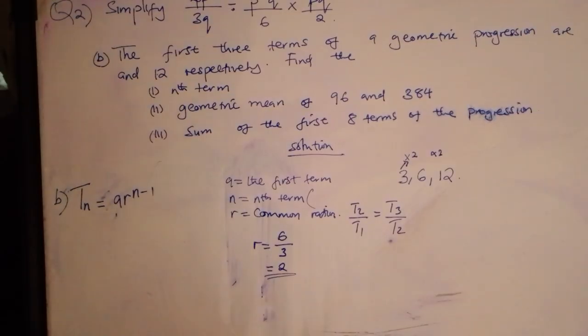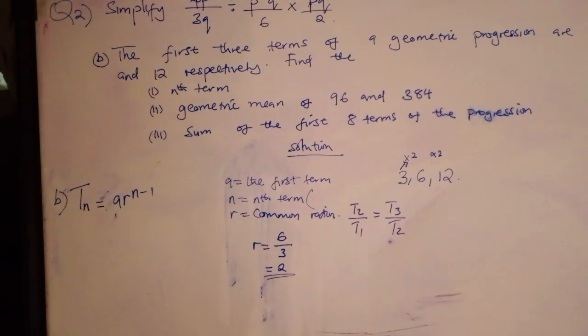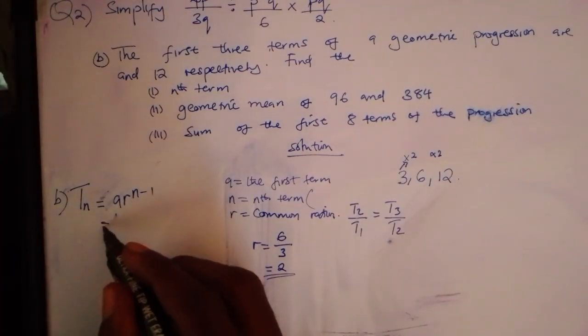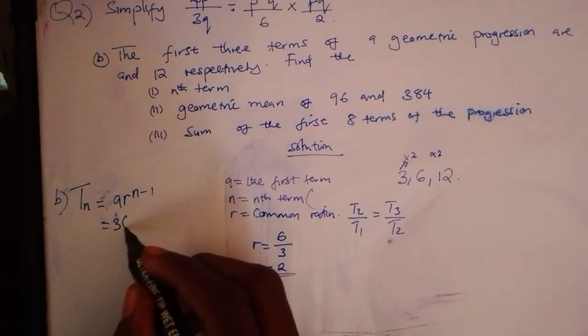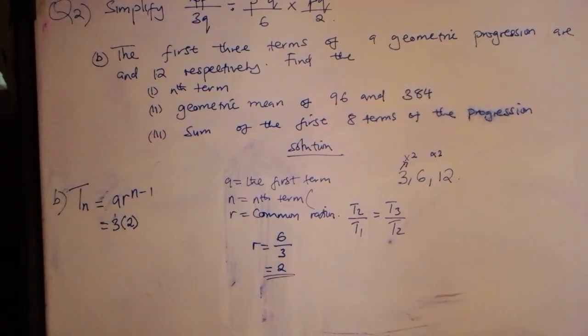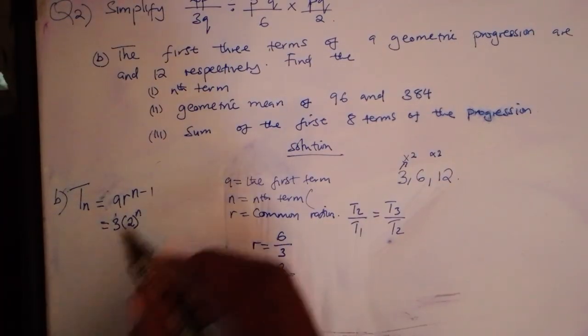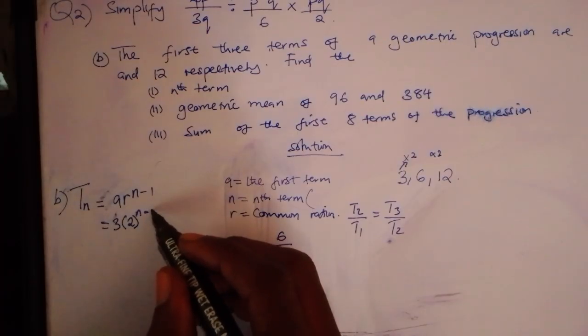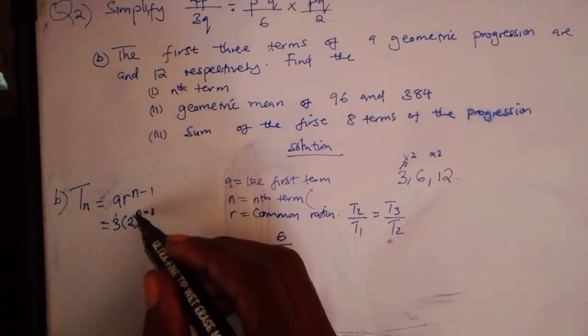Now we can calculate the nth term. What is our first term? Our first term is 3. What is our common ratio? Our common ratio is 2. What is our nth term? Our nth term is a times r to the power n minus 1.